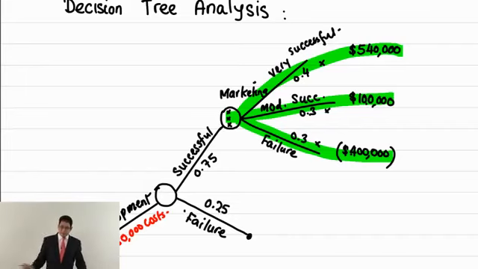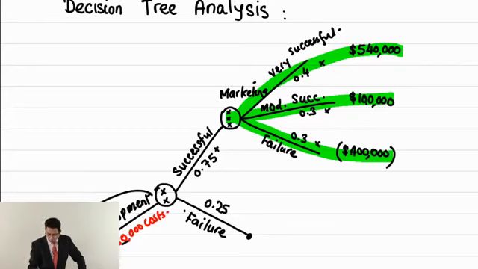Okay? Then they do the total. This total value multiplied by 0.75 comes in here. And then if it fails, 0.25 times 180,000 comes in here. And then this total is dragged up in there. Okay, working backwards. This is one approach.